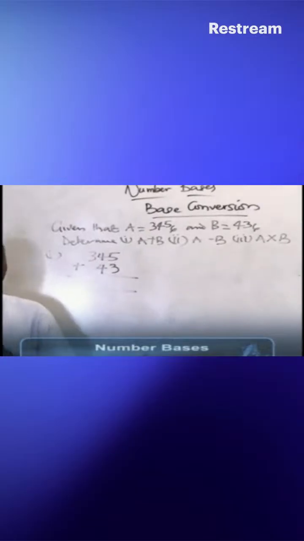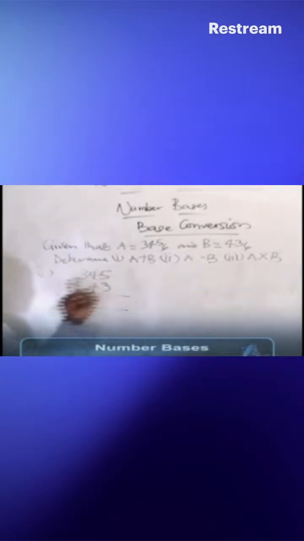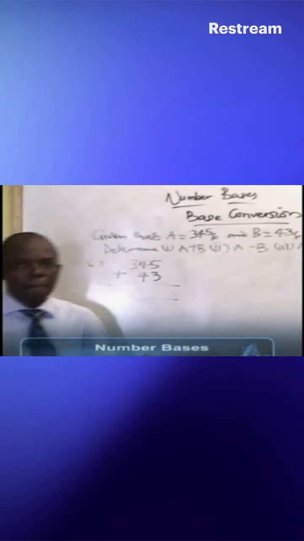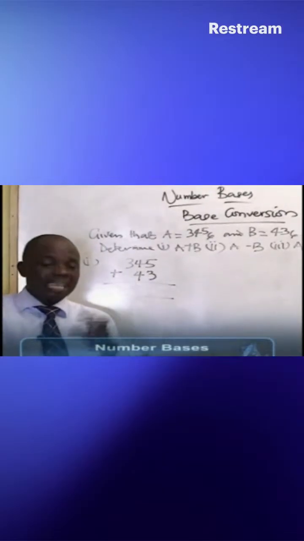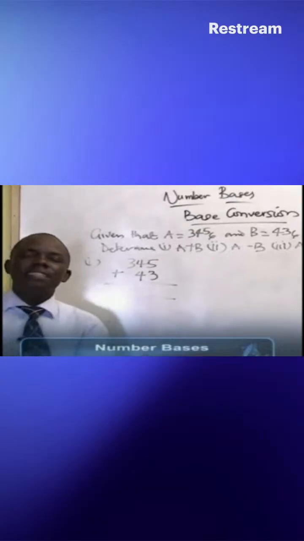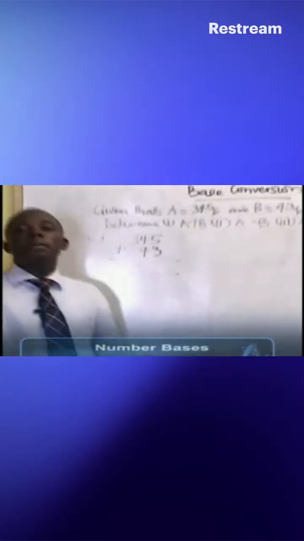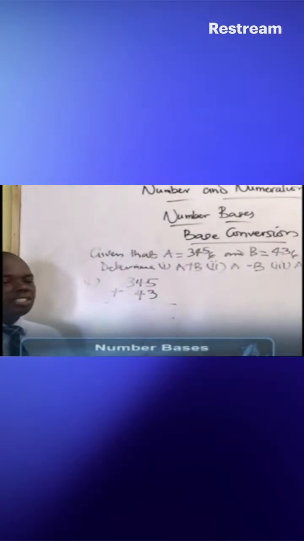And that's why I want you to pay very close attention. When you are working in a particular base, the base you are working in determines the highest digit. Let me repeat that. When we are working in base 10, you cannot get 10. It's not possible.